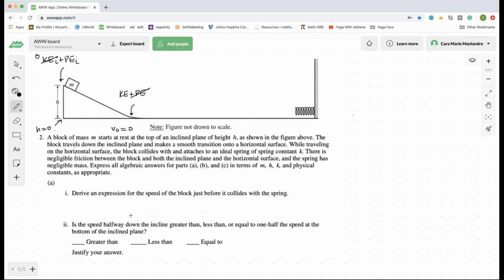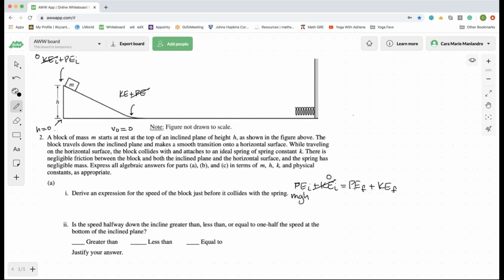Derive an expression for the speed of the block just before it collides with the spring. I'm going to use conservation of energy here. My potential energy initial plus kinetic energy initial is equal to potential energy final plus kinetic energy final. What's my potential energy initial? Okay, mgh, awesome.